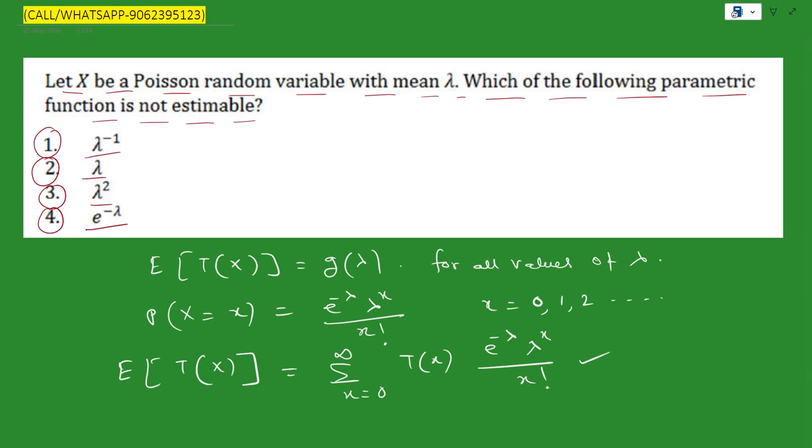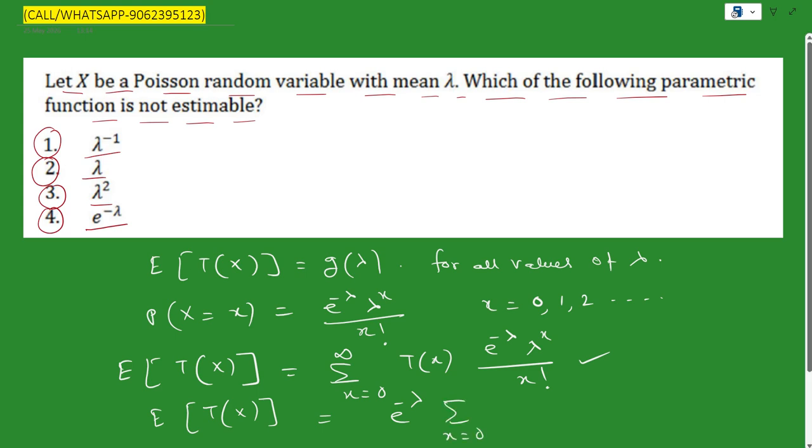So take e to the power minus lambda outside. So we get, right? Now, this expression is the entire soul of the problem.